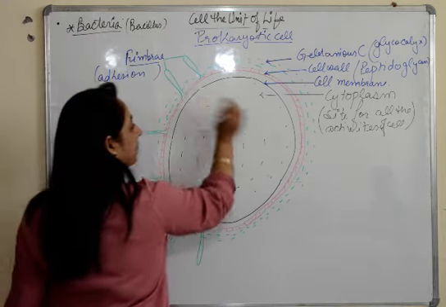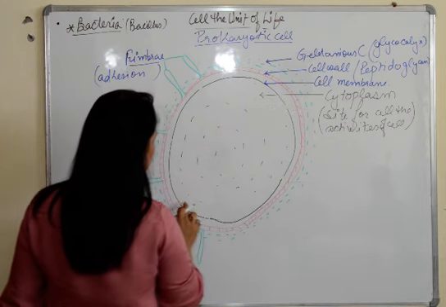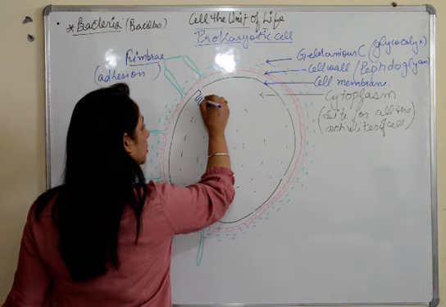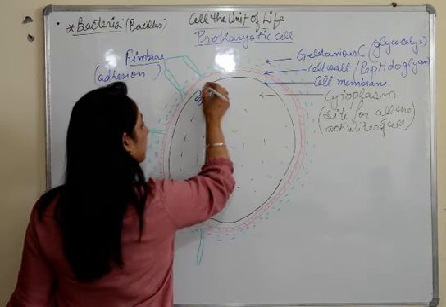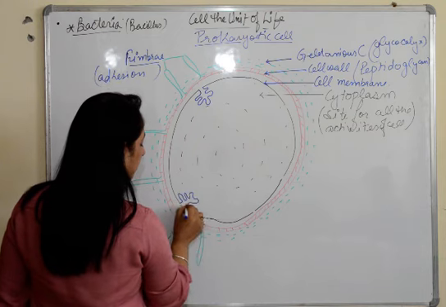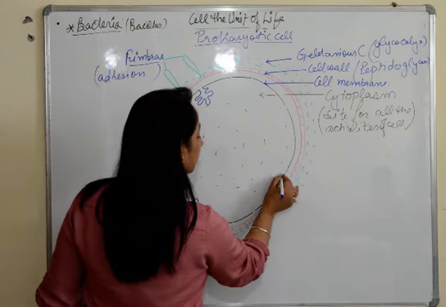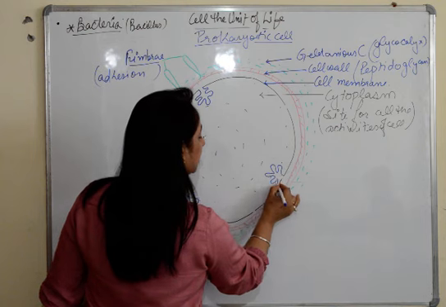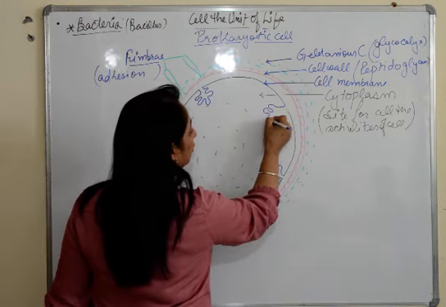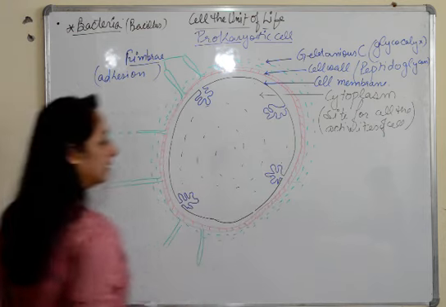Then we have inwardly folded plasma membrane known as mesosomes. Here we have these mesosomes which play a very important role in the case of bacterial cells.